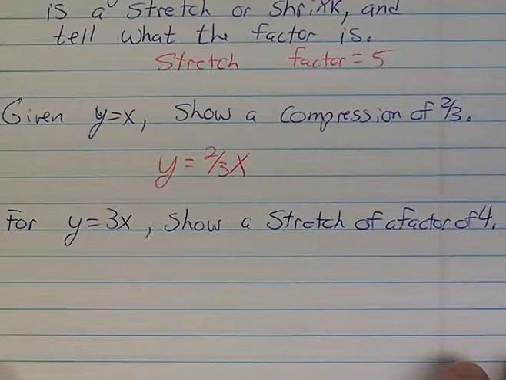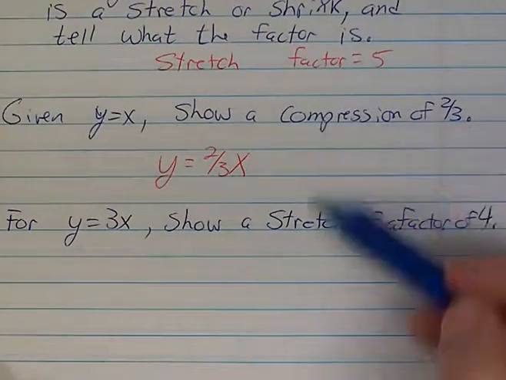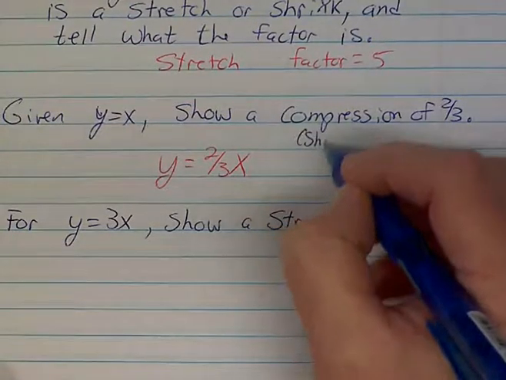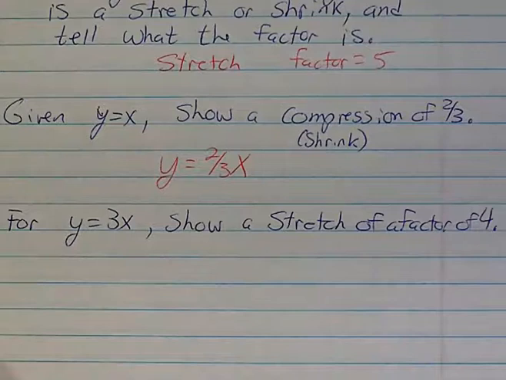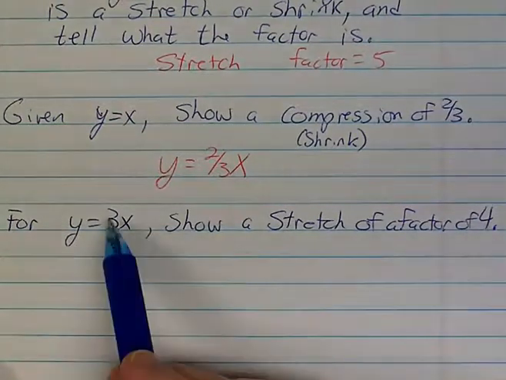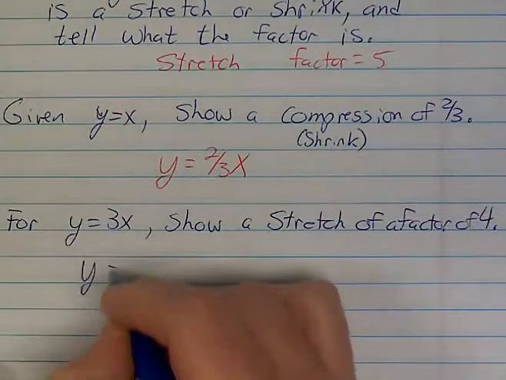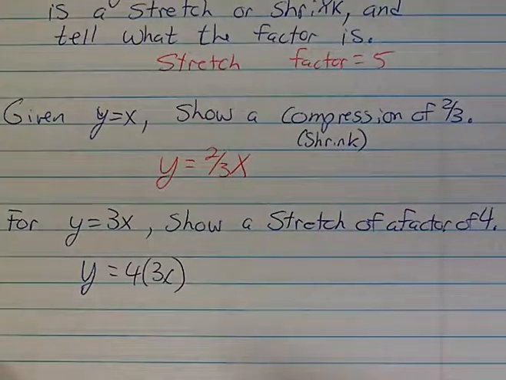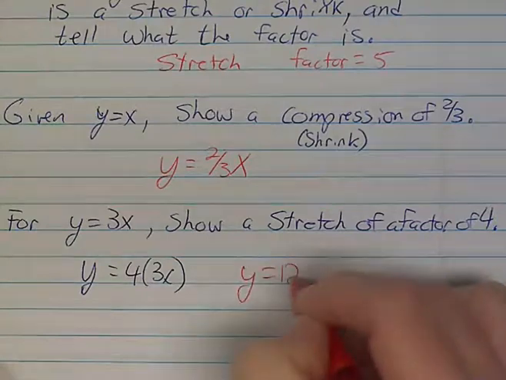It doesn't matter what number they give you, whether it's a compression, a stretch, or a shrink, whichever way they word it. You basically take this number and multiply this equation by that one. Now the 3 is already there, so it's just 4 times 3x. Well, that's just y equals 12x.